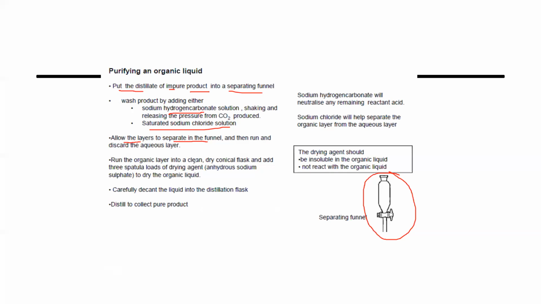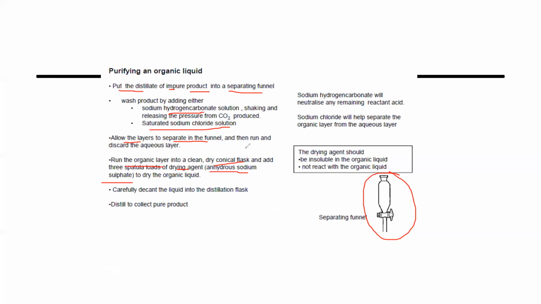Then we run the organic layer into a clean conical flask, and then we add a drying agent such as sodium sulfate. The drying agent should be solid at room temperature, and it should be unreactive, in the sense that it only tends to absorb the moisture rather than any other chemical reaction occurring.